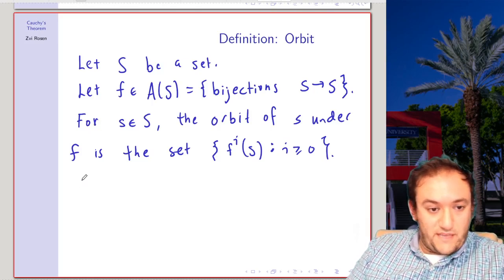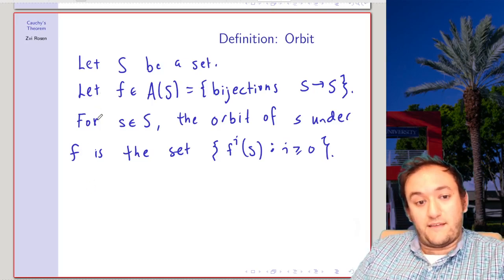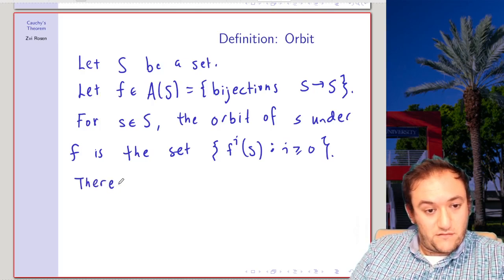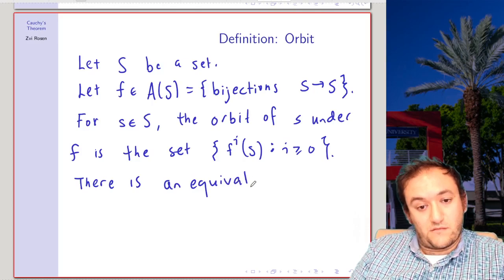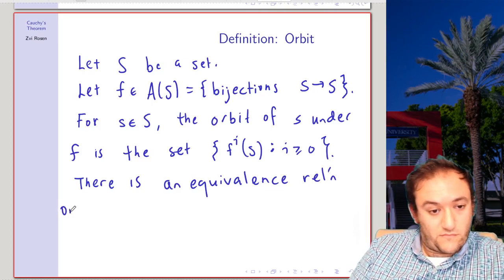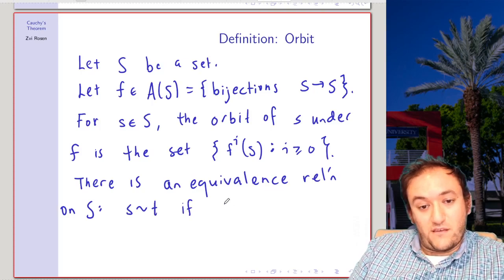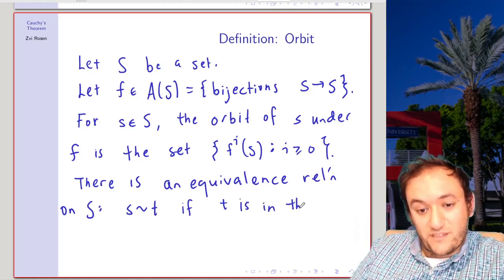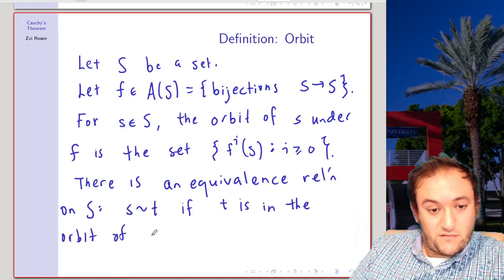So this actually sets up an equivalence relation on S. We say that s is equivalent to t if t is in the orbit of s under f.